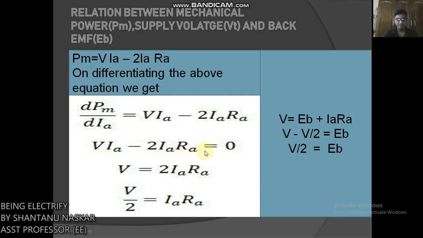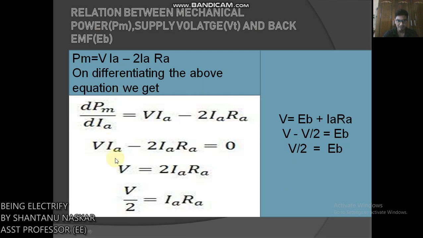So from here we can write V equals 2 IA RA, V by 2 equals IA RA. From the back EMF equation, we get V equals EB plus IA RA. Also we can say V equals EB plus V by 2, or V minus V by 2 equals EB, and finally V by 2 equals EB.